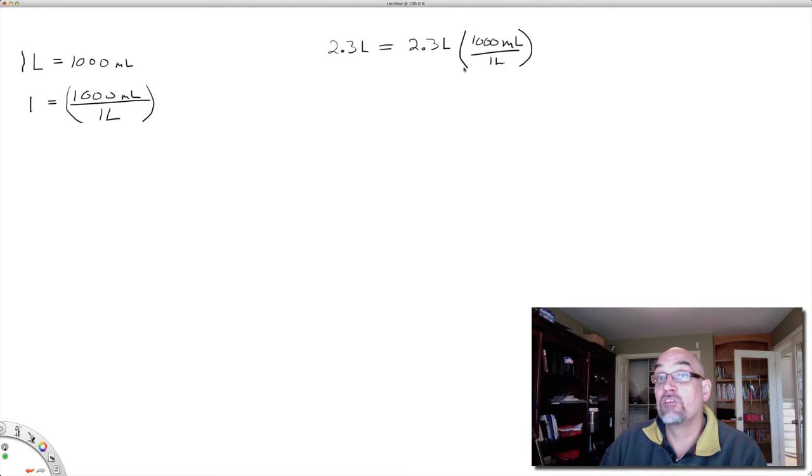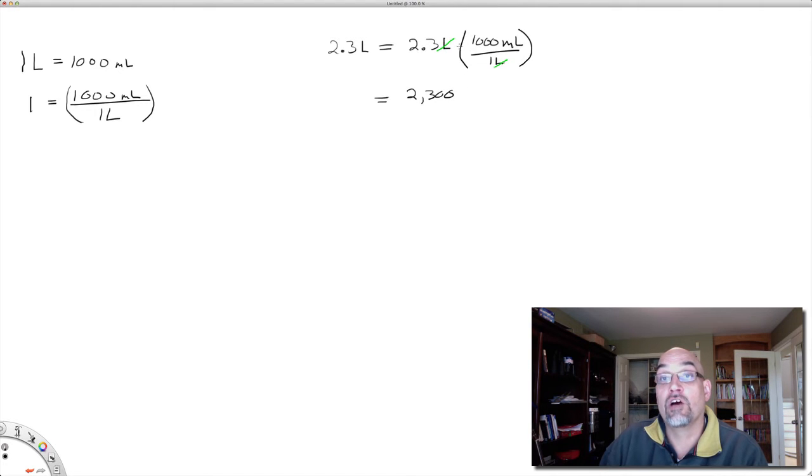Now, I can cancel off or divide the units just like I do the numbers. So I have L divided by L. So I've gotten rid of that liters unit entirely. And that's what that conversion factor does for me. So now 2.3 times 1,000 is going to be 2,300.